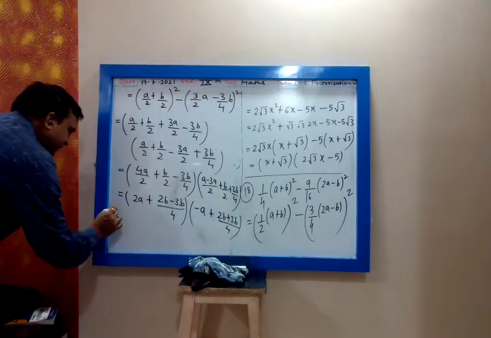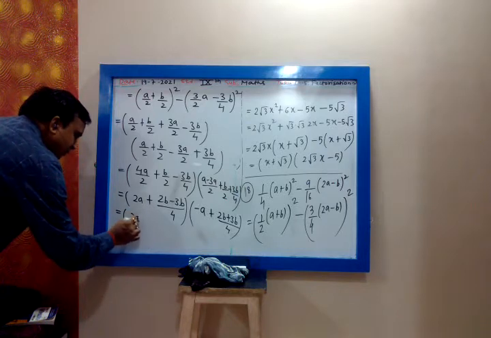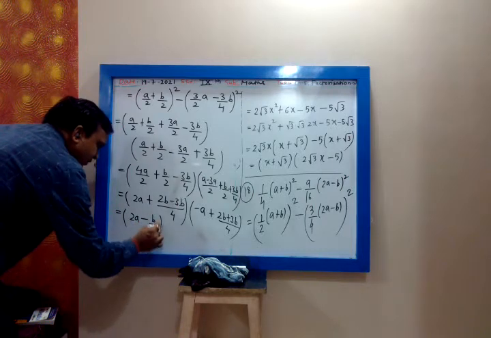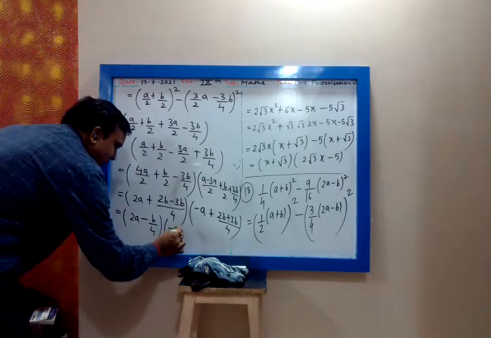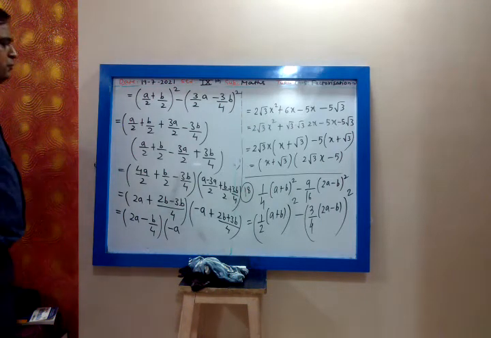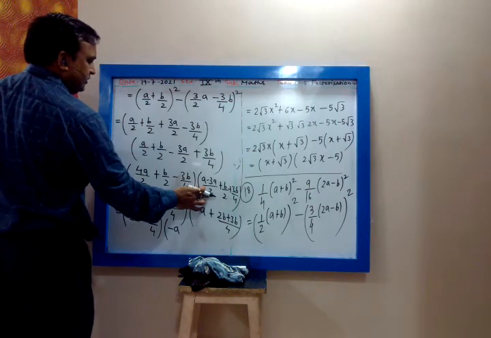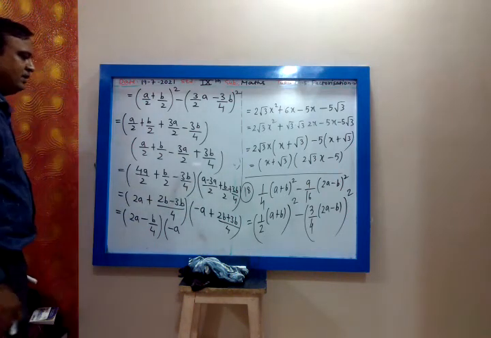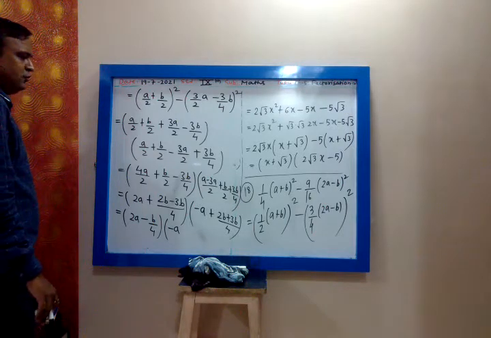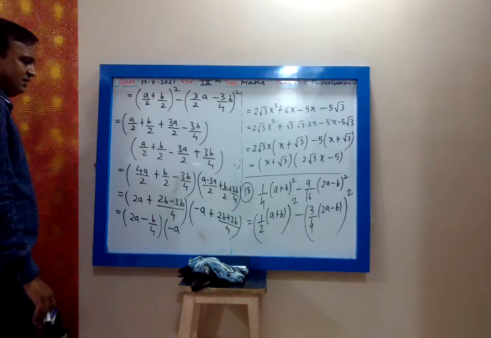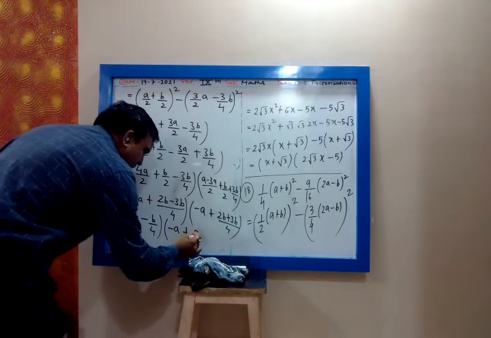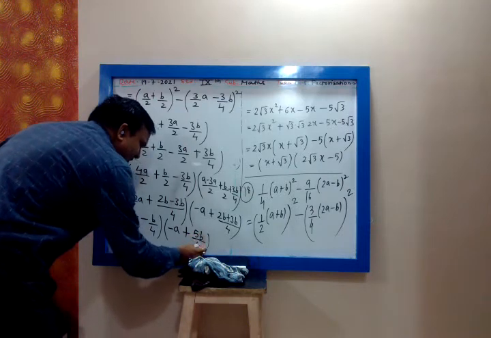Okay, so this is 2a, 2b minus 3b is minus b, 2a minus b by 4, and this is minus a. Minus 2a upon 2, the 2 gets cancelled. Minus 2a by 2, 2 gets cancelled. So minus a plus 5b by 4, and this is the answer.